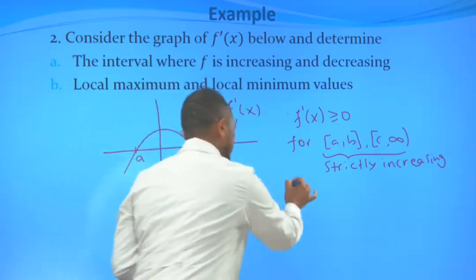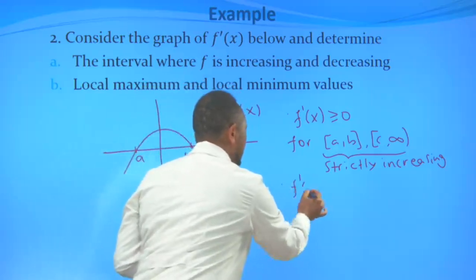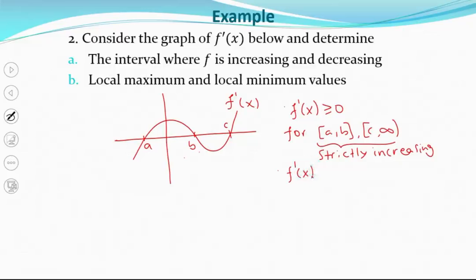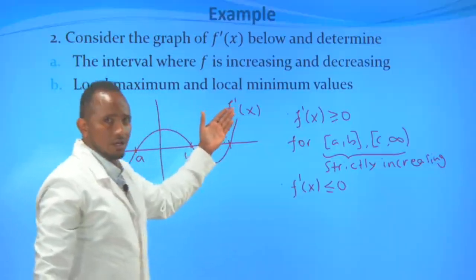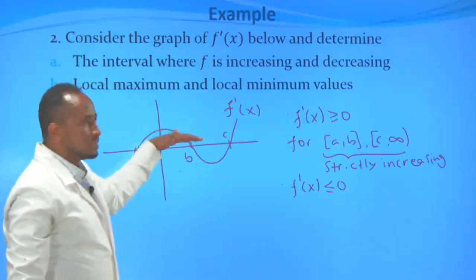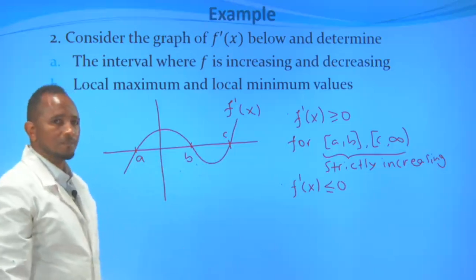Now, f derivative of x less than 0 means the point where this graph is below the x-axis.